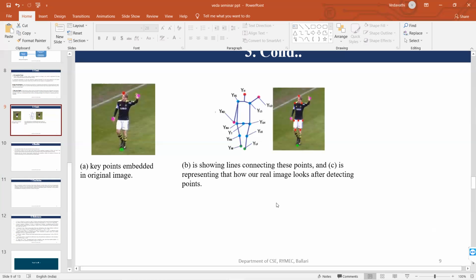See, one algorithm is the thinning algorithm. The hand is represented as a line using the thinning algorithm. See, some size will be there in the hand. So that hand is represented by a line using the thinning algorithm.